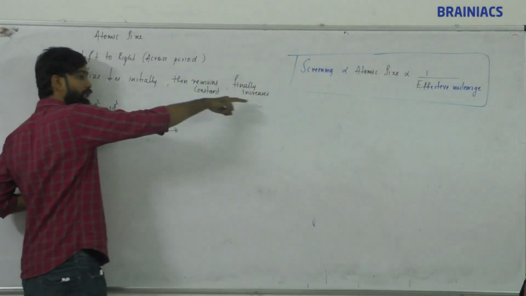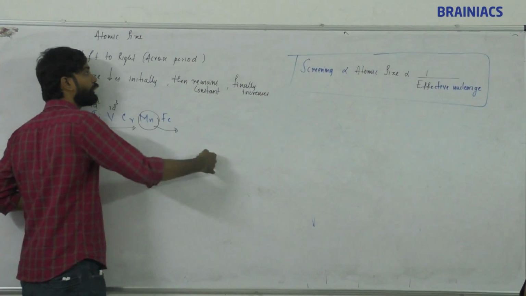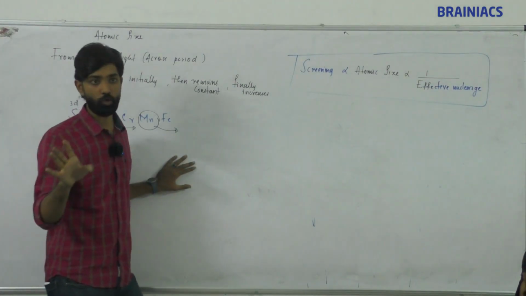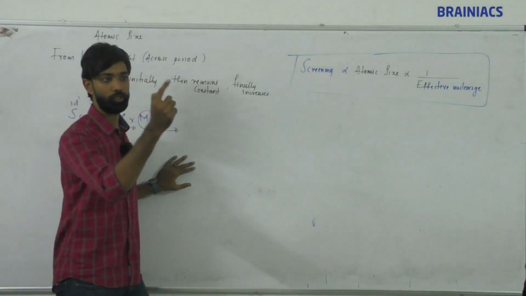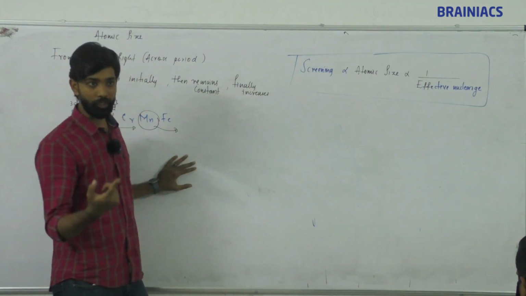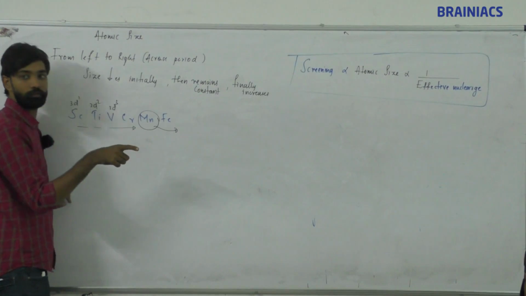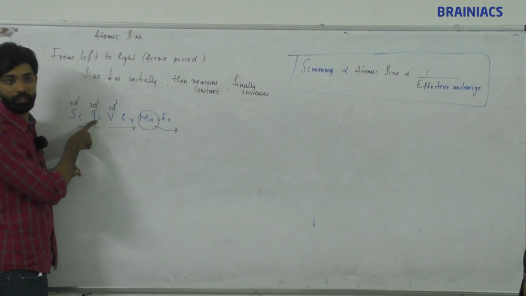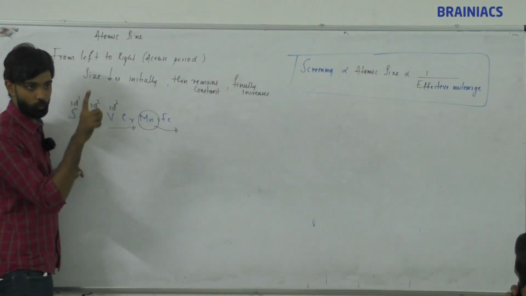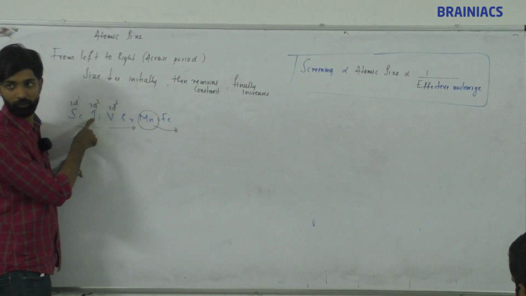As we go from left to right, nuclear charge increases, no doubt, by 1 unit. In addition to that, inner electrons are also increasing. For 3d1, the inner electron count is 1. 3d is an inner orbital, right?